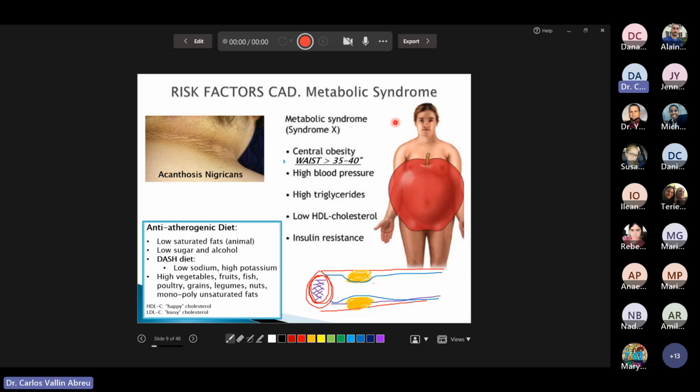So you can have a child or an adolescent or a young adult with this condition, called metabolic syndrome, and you anticipate that this person, if they don't modify those risk factors, will end with a myocardial infarction and or a stroke and or peripheral arterial disease very young, very young.